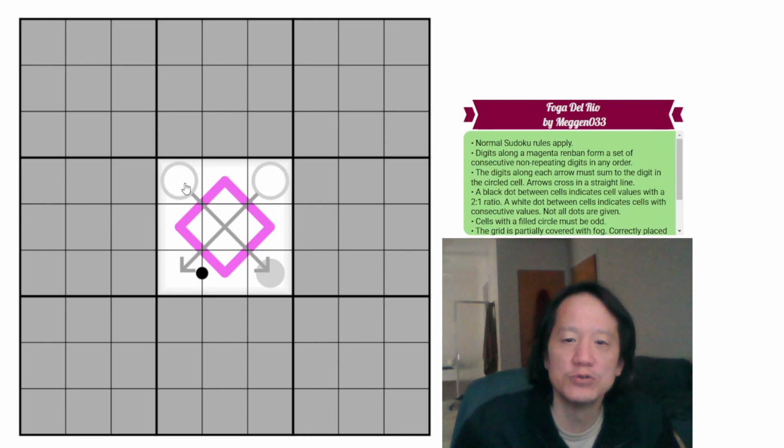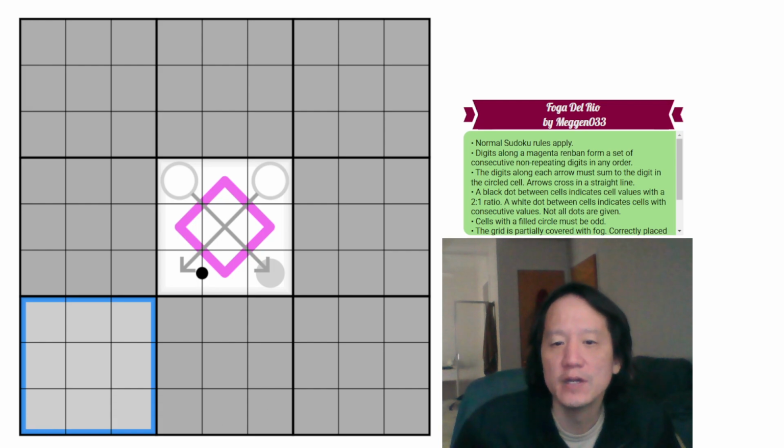Normal Sudoku rules apply, which means place the digits 1 through 9 once each in every row, column, and box. Digits along a magenta renban form a set of consecutive, non-repeating digits in any order.